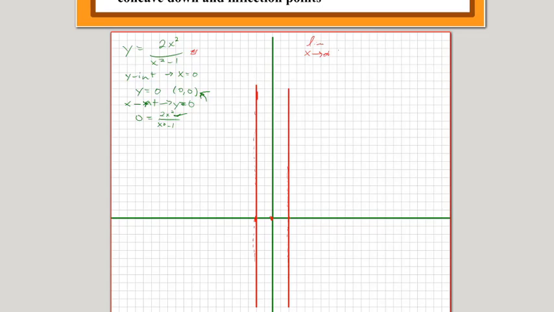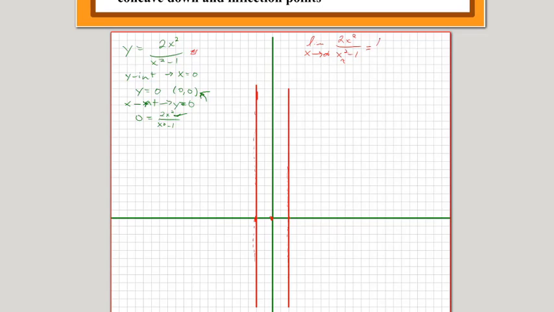So I guess here's where I'll use some symmetry. I'm just going to look at x going to infinity, knowing that negative infinity will be the mirror image. As x goes to infinity of 2x squared over x squared minus 1, the easiest way to deal with a rational function is divide everything by the biggest power in the denominator.